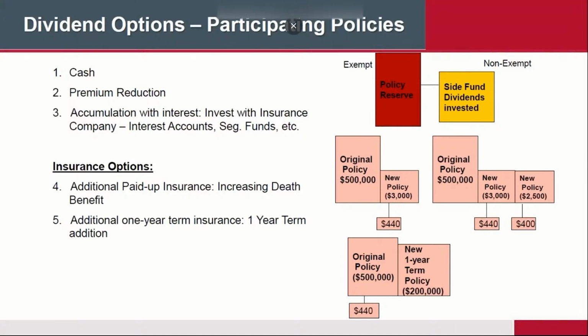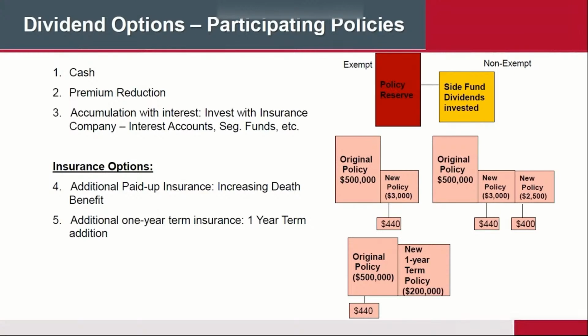And the one that you predominantly, and we probably will get a question on the exam because it's extremely popular, is option number 4. Additional paid up insurance. In other words, use the dividend to buy me more insurance without medical evidence. That's the key. So basically what happens is the dividend is used as a single premium to buy a chunk of insurance without medical evidence.